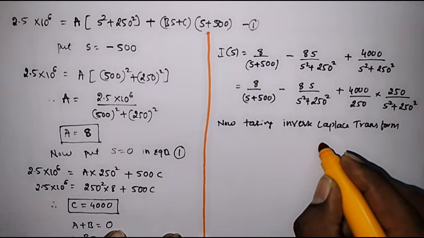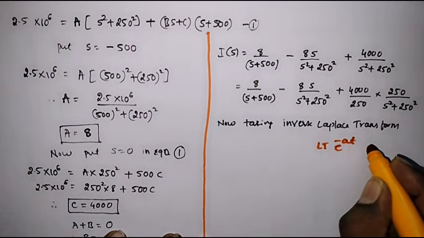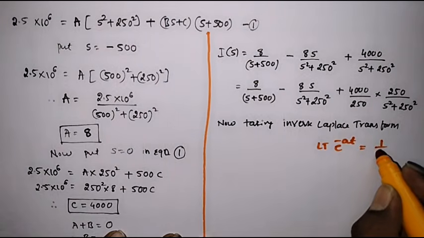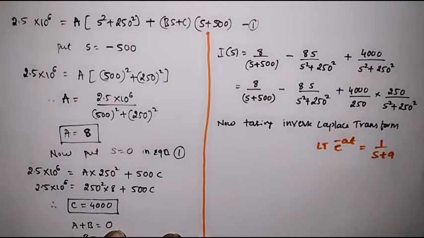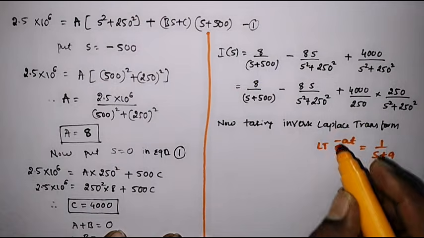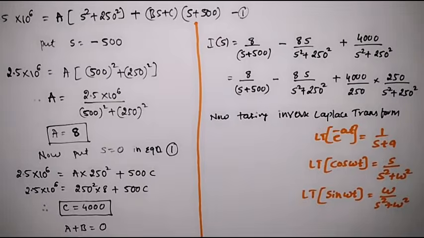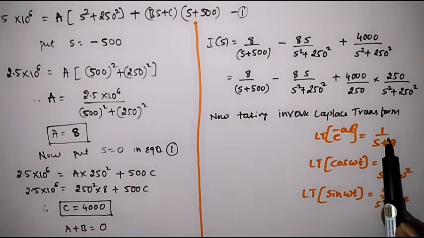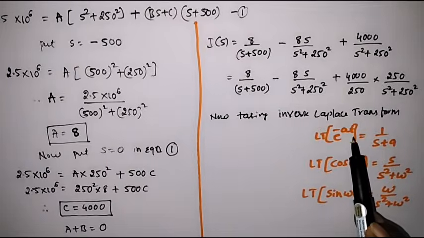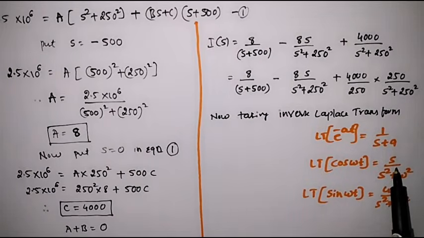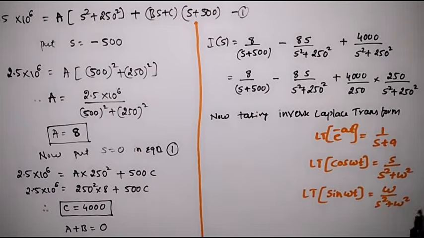We know that Laplace transform of e raised to minus at gives 1 over s plus a. So now I can say inverse Laplace transform of 1 upon s plus a is nothing but e raised to minus at. Similarly, inverse Laplace transform of s divided by s square plus omega square is cos omega t. Likewise, omega divided by s square plus omega square, its inverse Laplace transform is sin omega t.